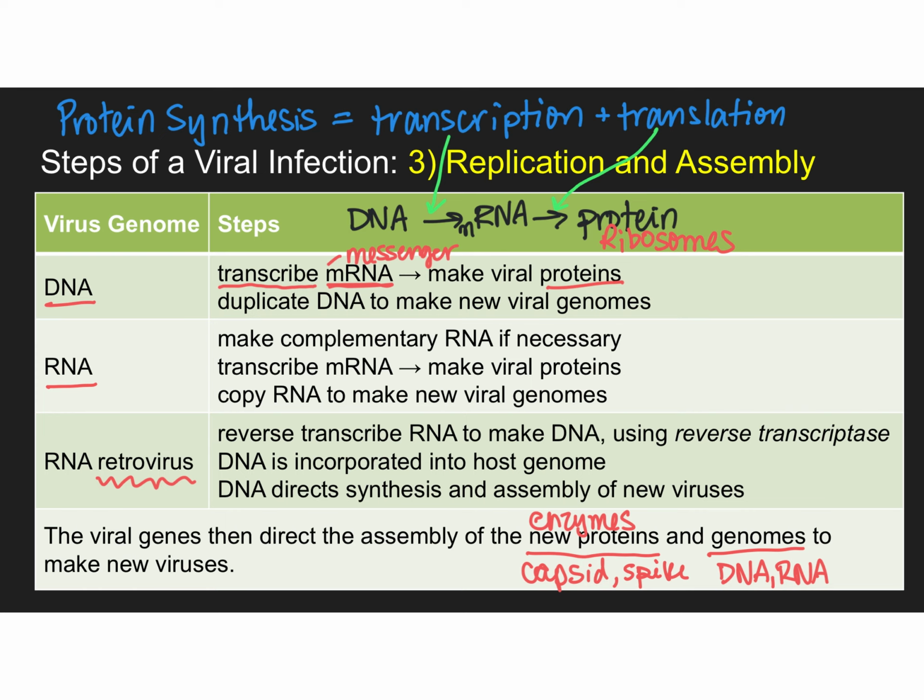Now, if the viral genome is made up of RNA, it might have to make a complementary strand of RNA before it can go through the transcription and translation process.